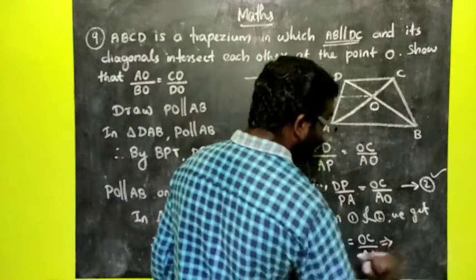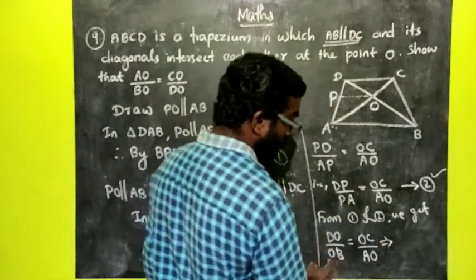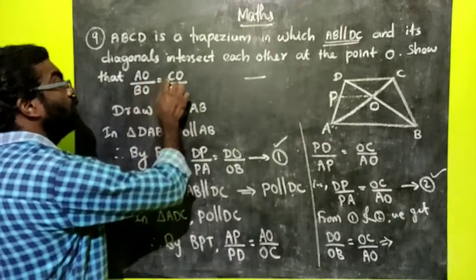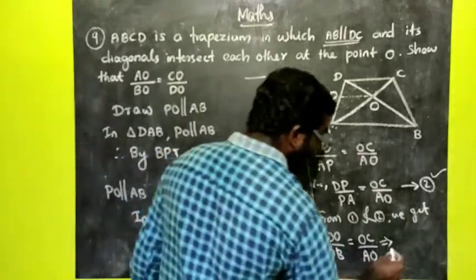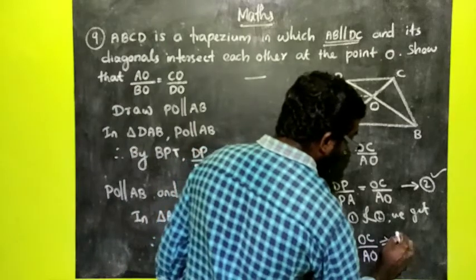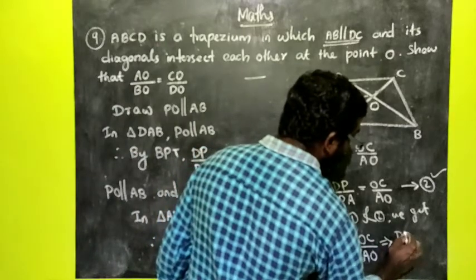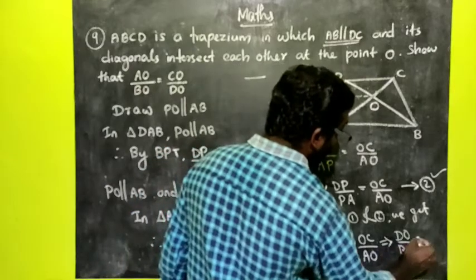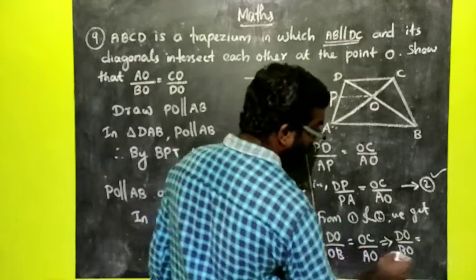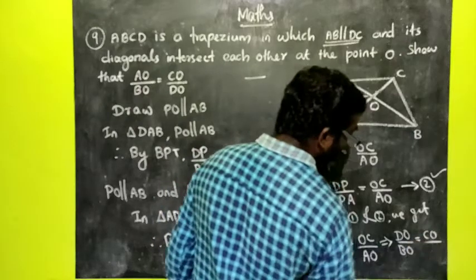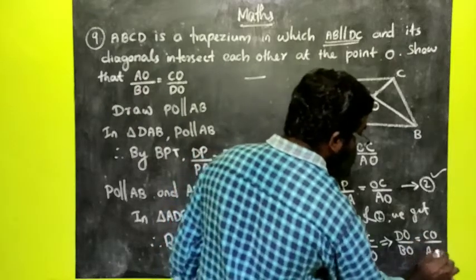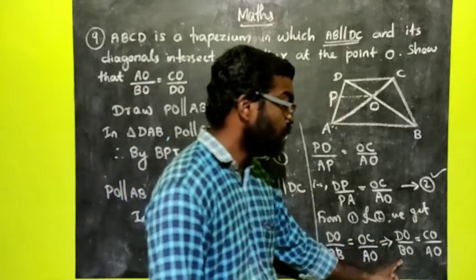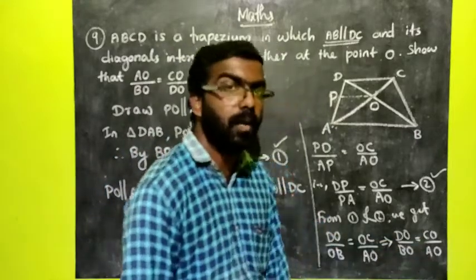First of all, we can rewrite the names: DO by OB can be written as DO by BO, both are the same, and OC as CO, then denominator AO. So now we got DO by BO is equal to CO by AO.